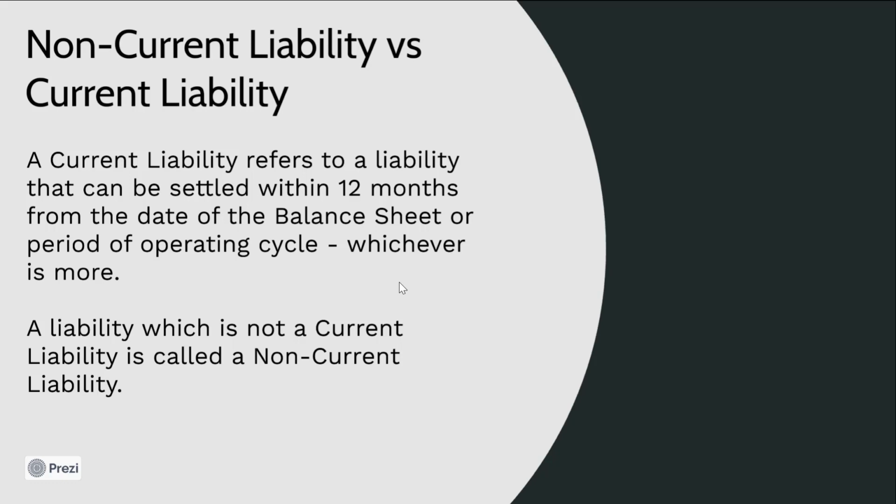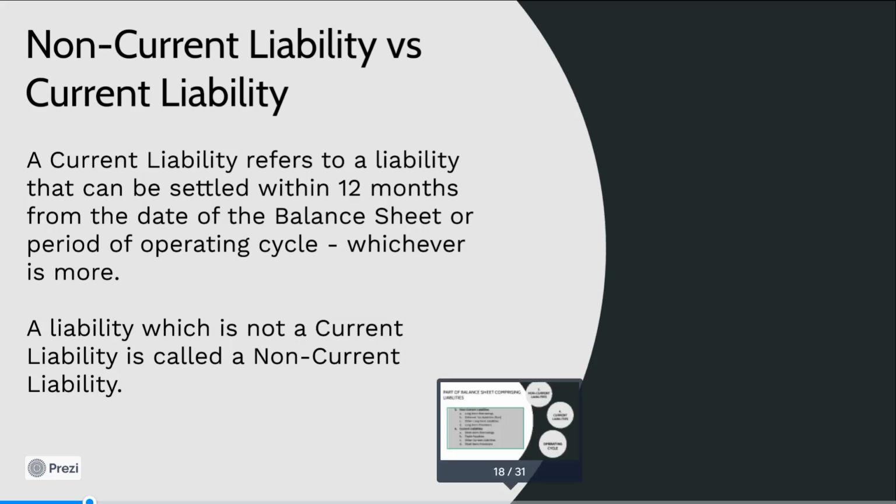And a liability which has to be settled within 12 months will be considered a current liability, and a liability which has to be settled after 12 months from the date of the balance sheet will be referred to as a non-current liability. So this is what the operating cycle has to do with differentiating between whether a liability is a non-current liability or a current liability.